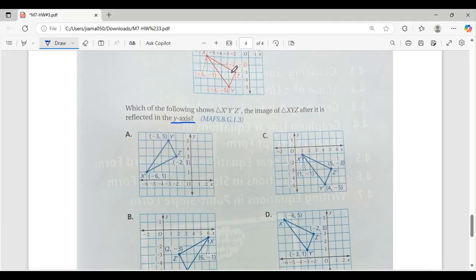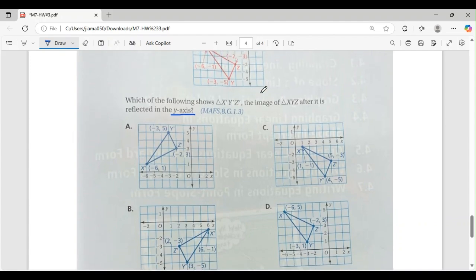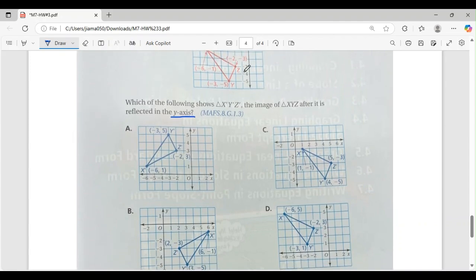the opposite of the original one. For example, it will change the sign. If the regular one is negative, then after reflecting, it will be positive, which is the x part, like the first part. Okay, so the y part, which is the second part, will not change.